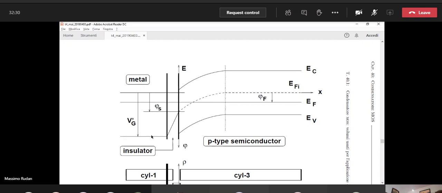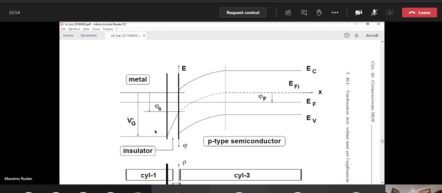you remember metals are equipotential in the interior, okay, because there is no charge density different from zero inside the metal. So the potential is constant and equal to VG prime inside the metal. Then we enter the insulator.